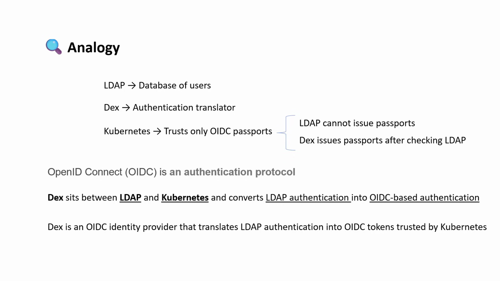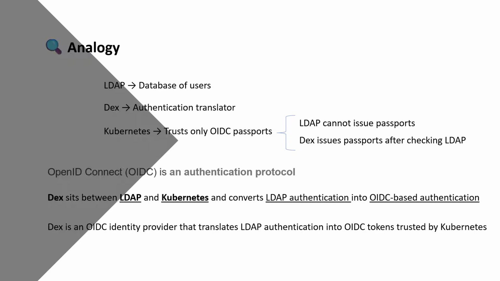In other words, Dex sits between LDAP and Kubernetes and converts LDAP authentication into OIDC-based authentication. So we can say Dex is an OIDC Identity Provider that translates LDAP authentication into OIDC tokens trusted by Kubernetes.